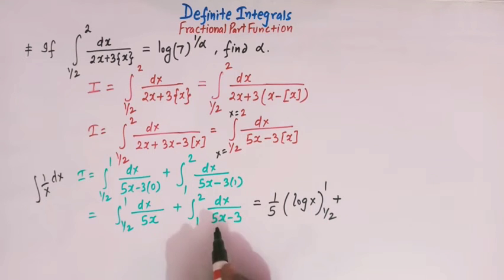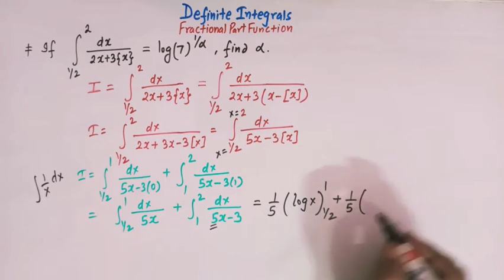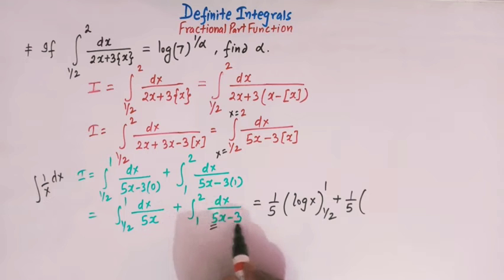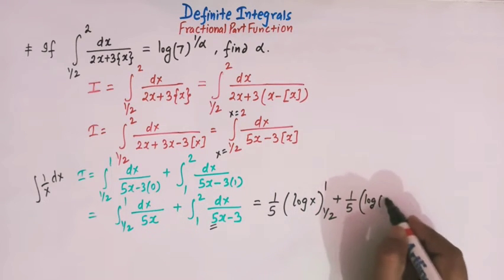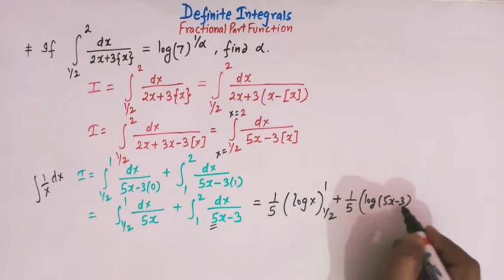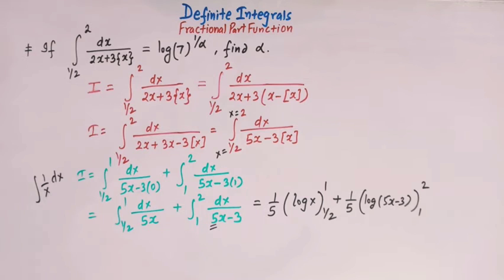And in the second integral, we have 5 as the coefficient of x, so we have 1 over 5, and the integral of 1 over 5x minus 3 is 1 over 5 log of 5x minus 3, right? And the limits are from 1 to 2.